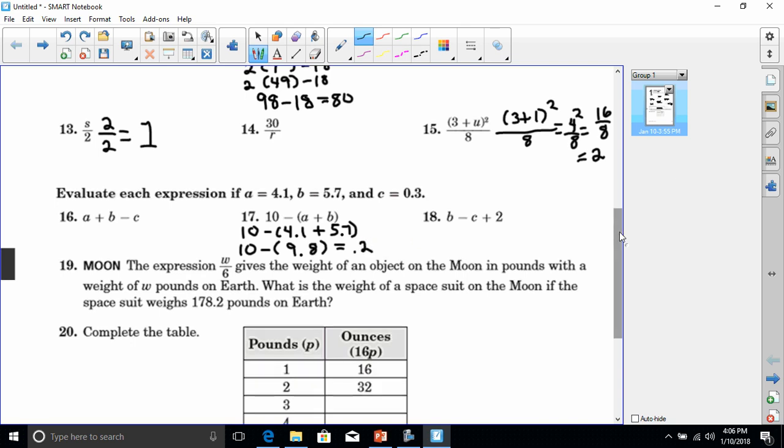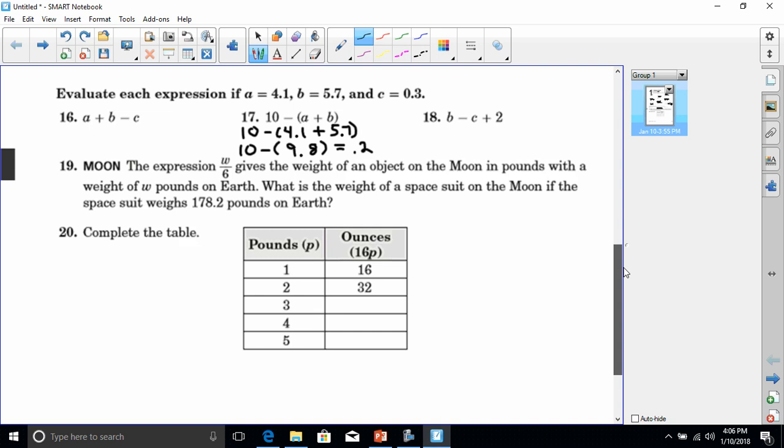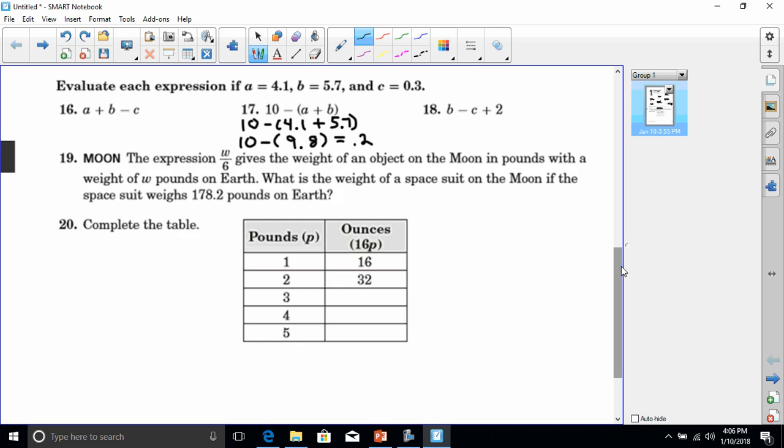All right, let's go ahead and do number 19. That's the only one I've got left to do as far as odd. And it says, the expression W over 6 gives the weight of an object on the moon in pounds with the weight of W pounds on Earth. What is the weight of a space unit on the moon if the spacesuit weighs 178.2 pounds on Earth?